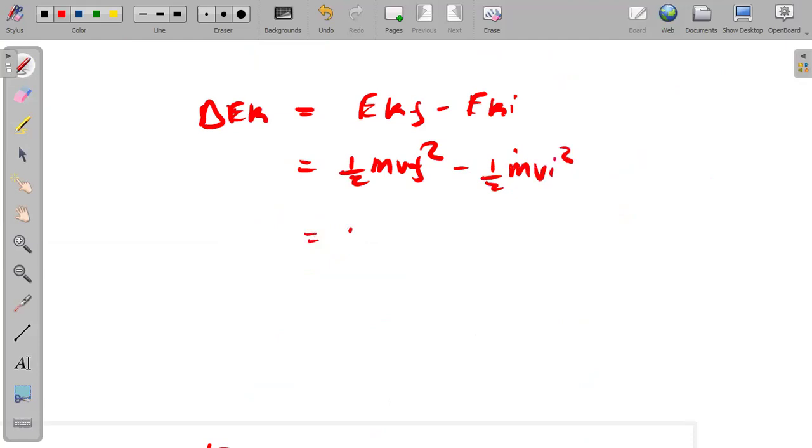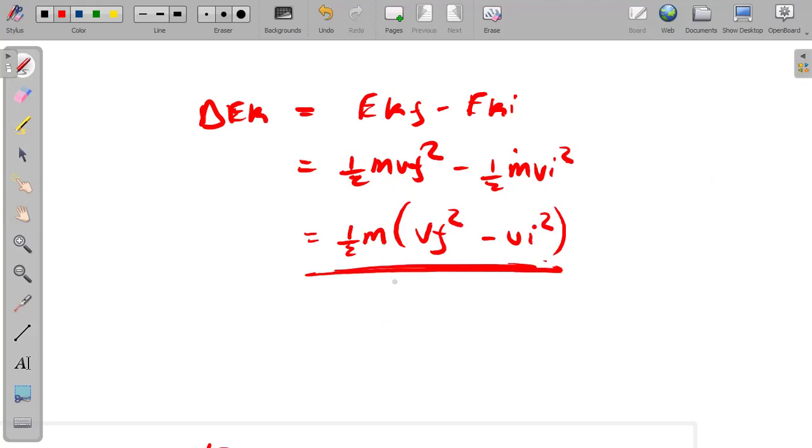We can factor out the common factor half m, so that we end up having Vf squared minus Vi squared. That's where delta Ek is coming from. So we can equate this to the individual work done by all the forces acting on an object, all of them. This marks the work energy theorem.